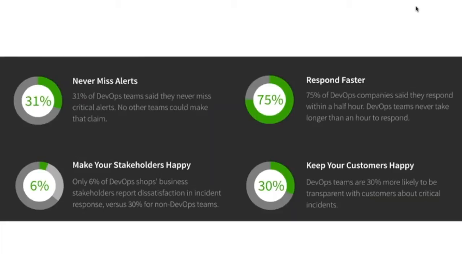And that's what we see out of these companies that have adopted more of a DevOps culture: they are much more transparent about critical incidents, able to communicate with their customers about it, and customers are happier as a result.